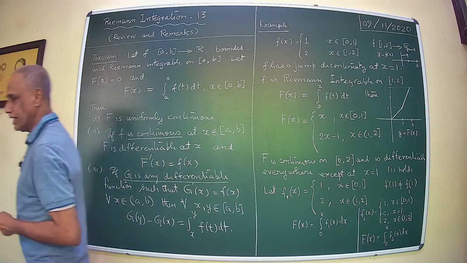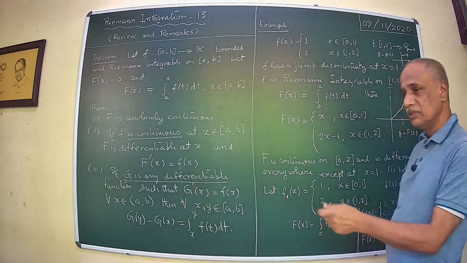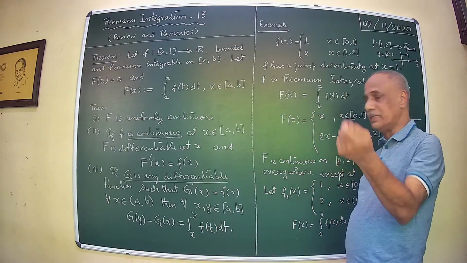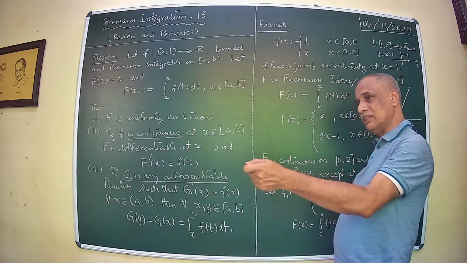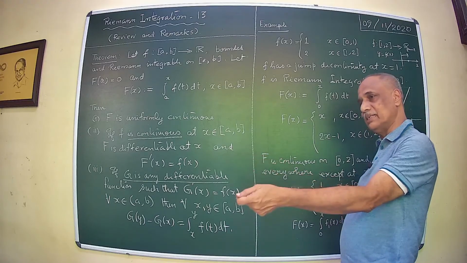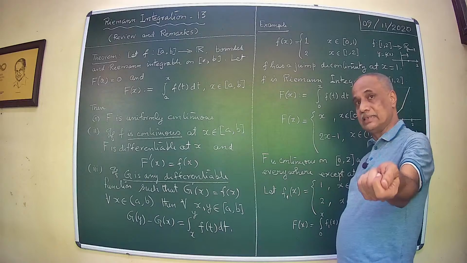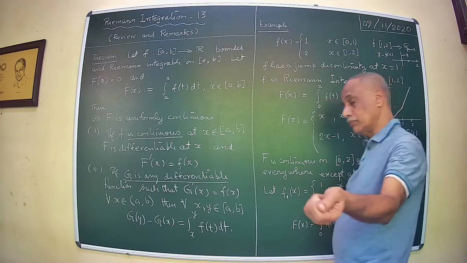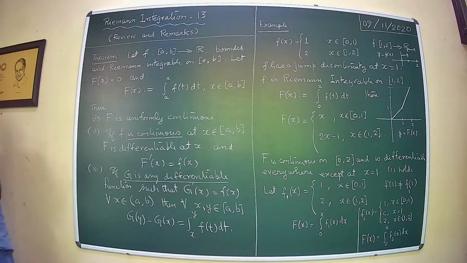It is not that given capital F, given small f, it has a unique antiderivative. So by changing the function f at the points of discontinuity, but still keeping the function Riemann integrable, you can get the same function to become the antiderivative. So this is one of the problems that you encounter.